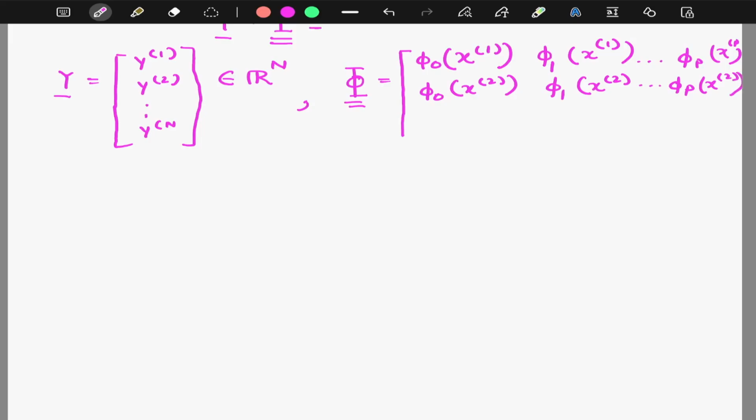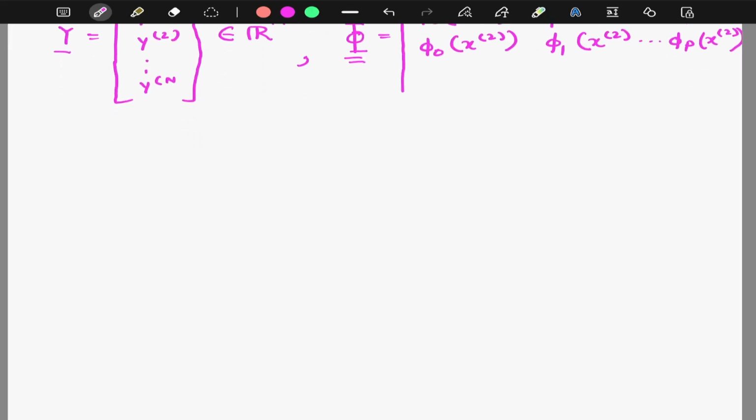It will go up to n. Each row is representing one data point, each column is representing one basis. So what is the dimension of this thing? N cross p plus 1. It's easy to miss that one. We start at 0 because the bias term is there, right?